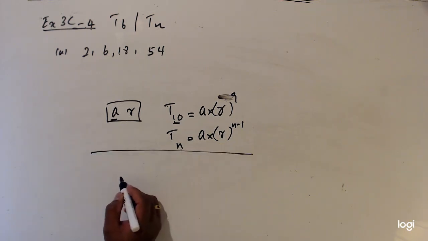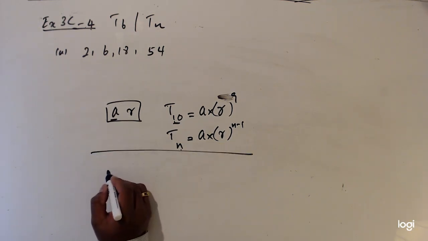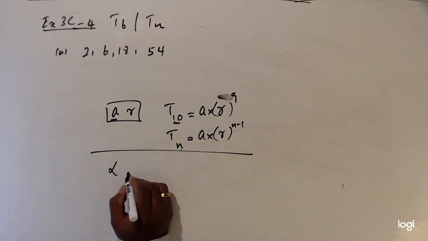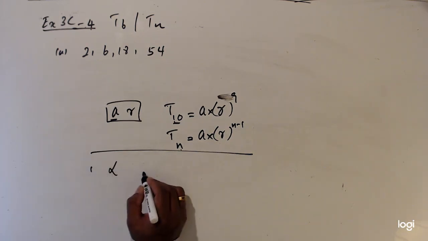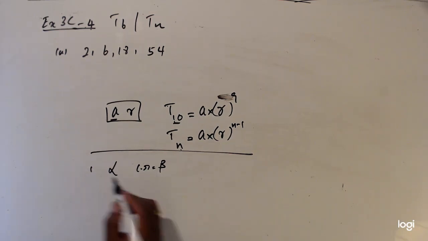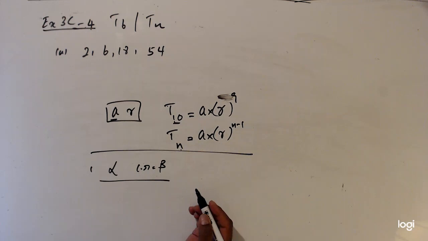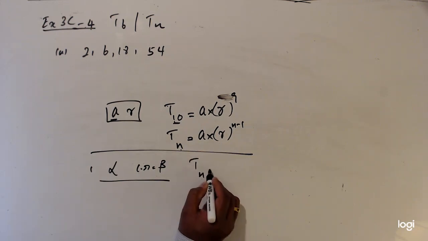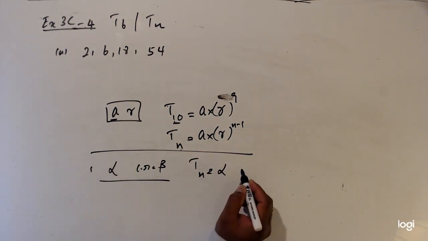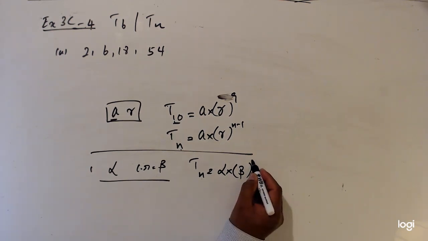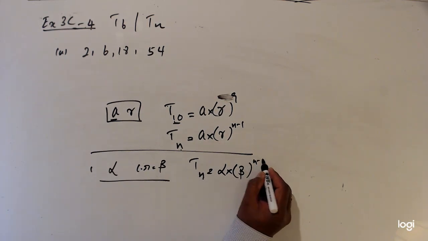Assume we have a geometric sequence starting with alpha, and the common ratio is beta. So how do you write the nth term? The nth term is the first term multiplied by the common ratio, the power should be 1 less than the term, n minus 1.